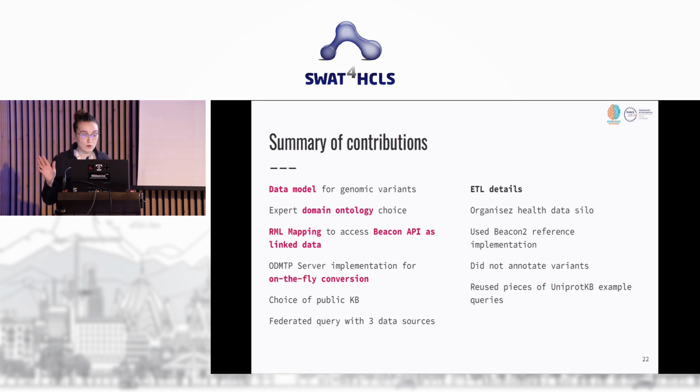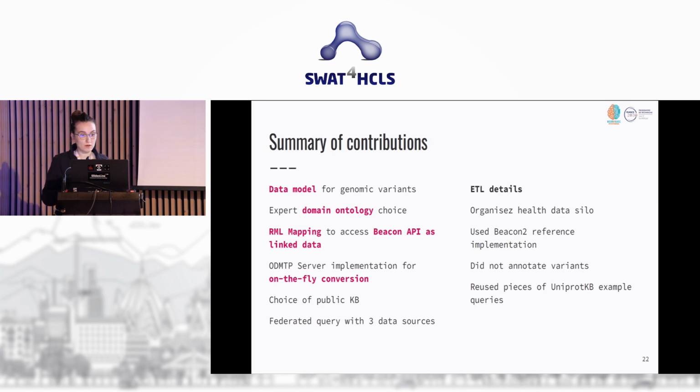So just a quick sum up of our contributions. We thought about the data model to represent genomic variants semantically. We made a choice of domain expert ontologies, and made on-the-fly biological annotation of beacons, or Beacon API responses, possible.